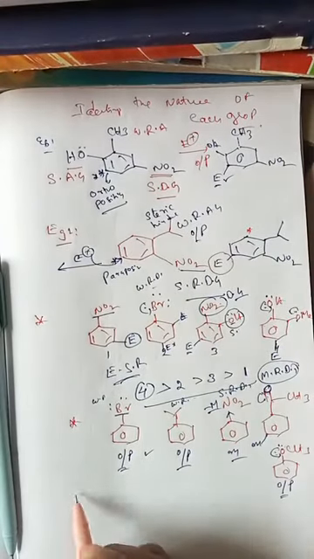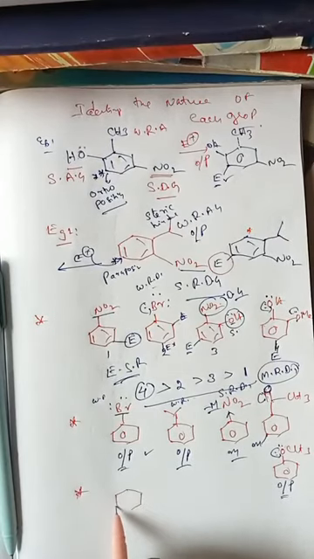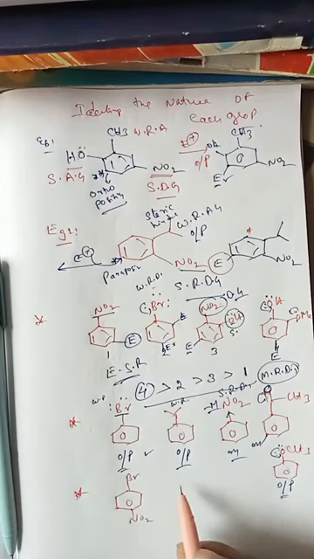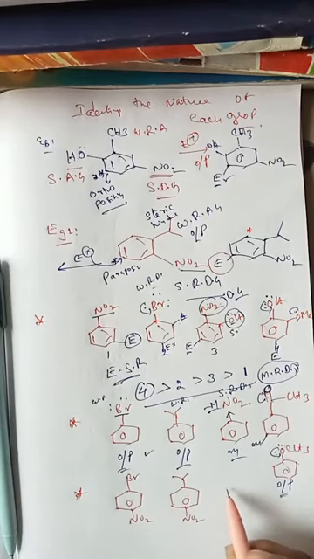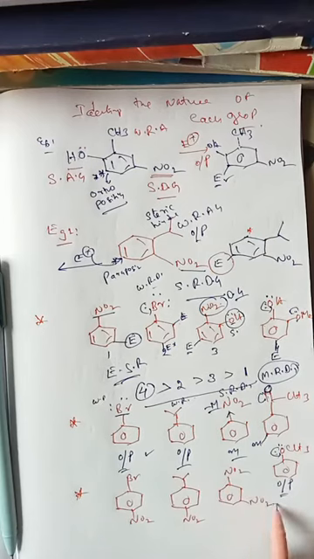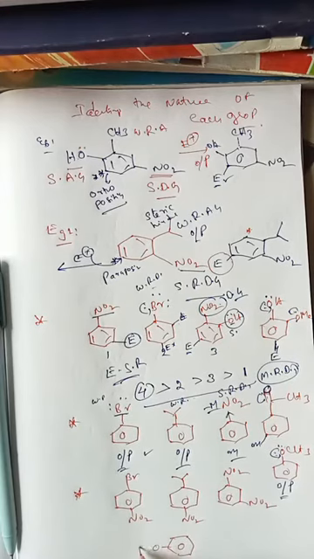So another example, we look at that. Now this is bromo 4-nitrobenzene, isopropyl nitrobenzene, and dinitro. So OCH3 and NO2.